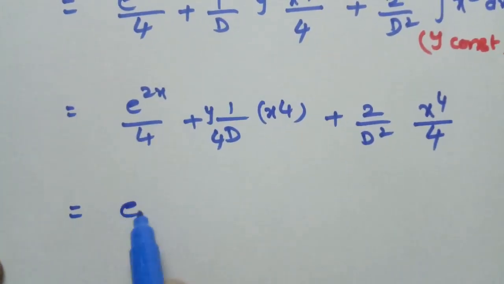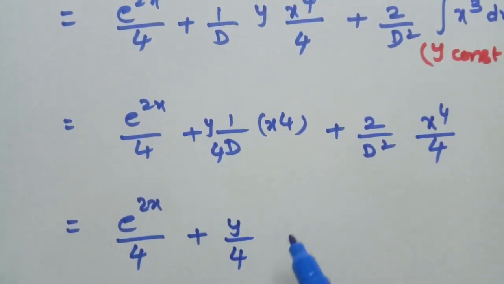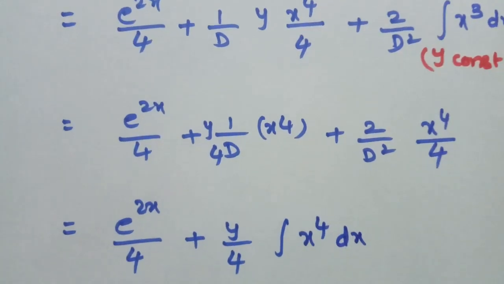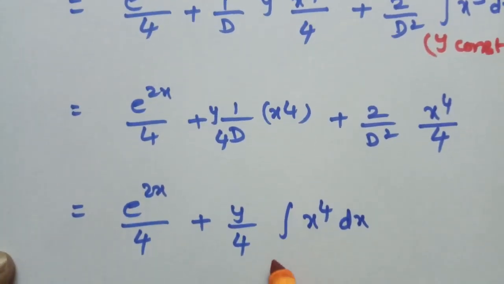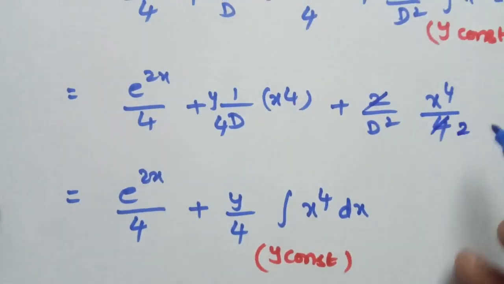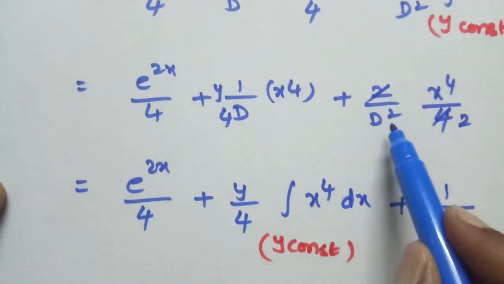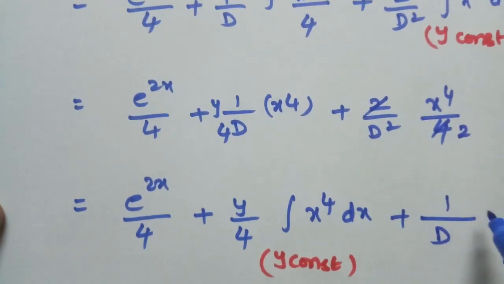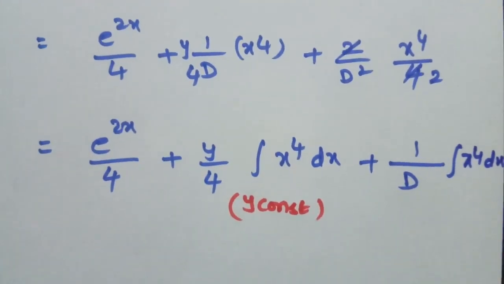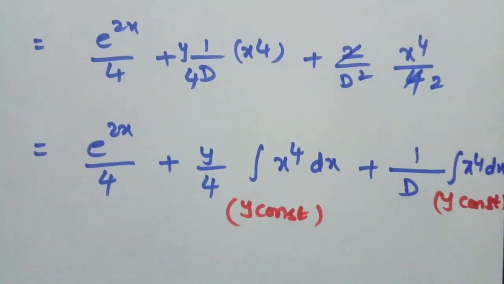Therefore this can be written as e power 2x by 4 plus y by 4 into 1 by D, that means integration of x power 4 dx, keeping y as a constant, plus 2 by 4, 1 by D square. 1 by D square can be written as 1 by D into 1 by D. So for 1 by D we are writing integration of x power 4, keeping y as a constant.